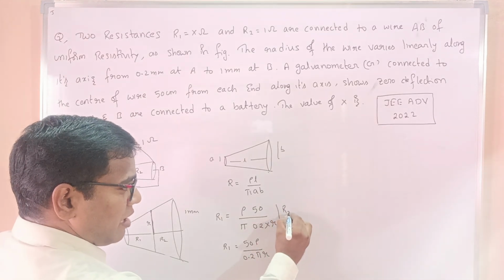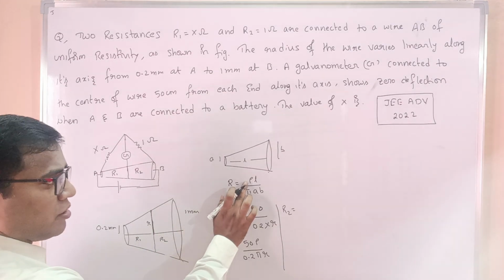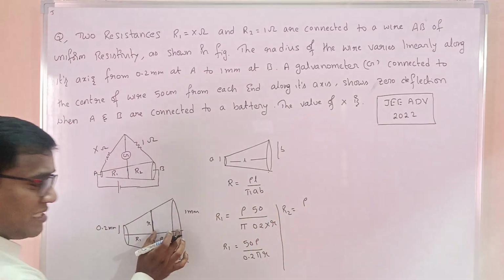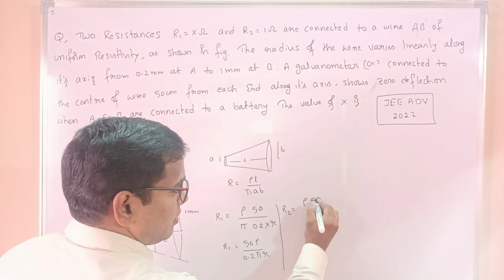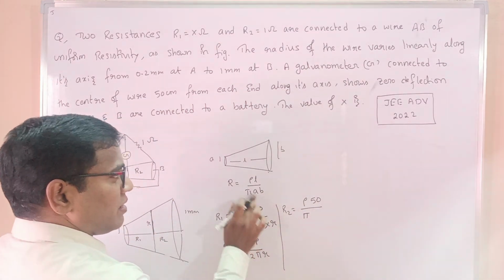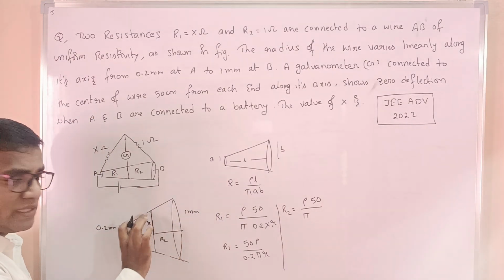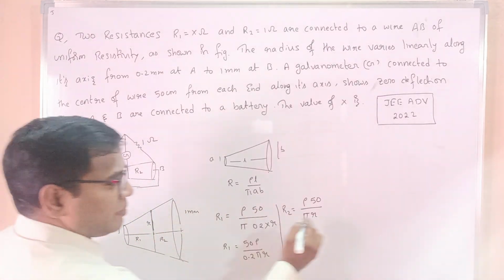Now similarly I calculate R2. R2 is again rho L by pi A B. The length is 50 centimeters. For this part, the starting radius is R and the ending radius B is 1 millimeter.